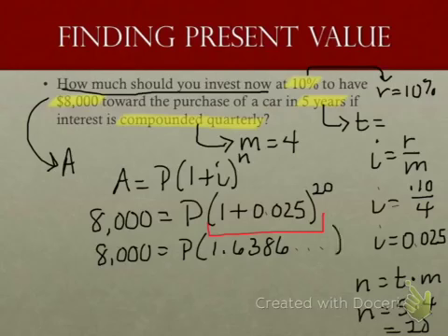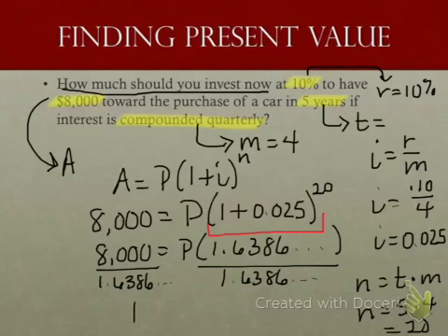And as I mentioned in class, just keep that decimal in your calculator so that on your next step, when you actually want to divide both sides by this number, the 1.6386 whatever, that you can actually set your calculator to go 8,000 divided by previous answer.